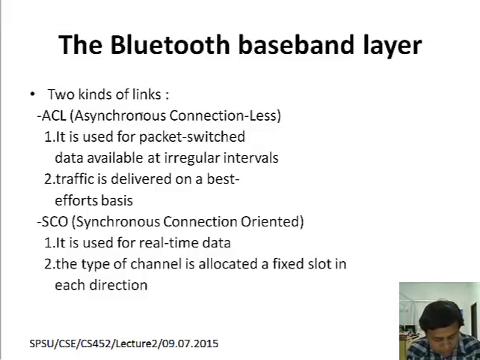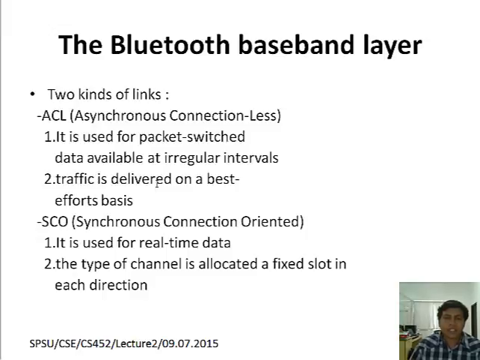The ACL link is used when data integrity is more important and we need to avoid some latency. In this type of link, if a payload is encapsulated and the frame is found to be corrupted, it needs to be retransmitted. It uses a packet switched network, and data is available at very irregular intervals.